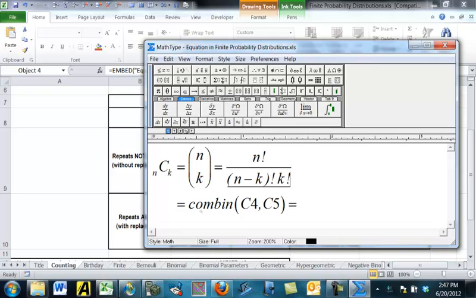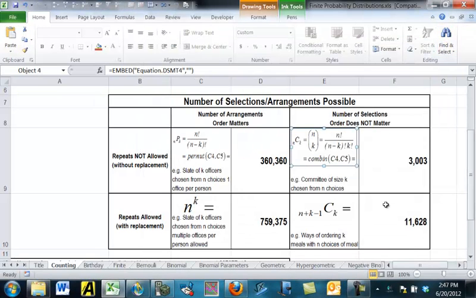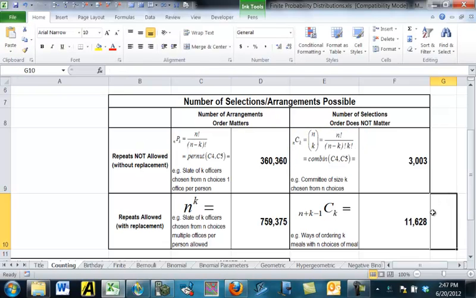That's called, in Excel, a combination, C-O-M-B-I-N. And C4 is where n is, and C5 is where k is. N choose k. And you can see the value of that.